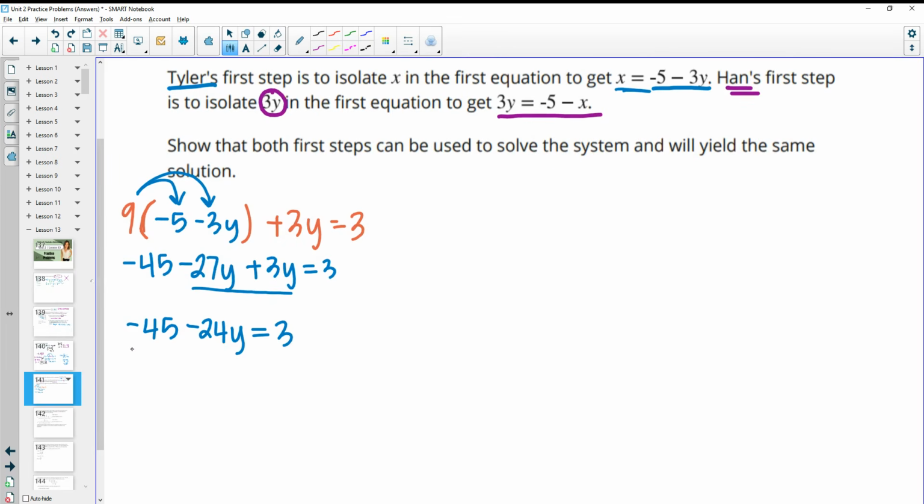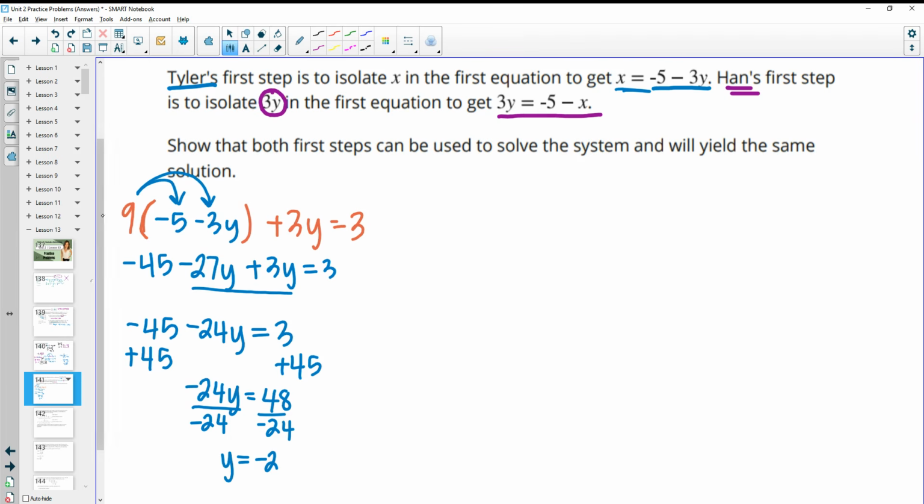Negative 45 and 3 are like terms, so I'll add 45 to get it to the other side. So we get negative 24y equals positive 48. We'll divide by negative 24, and we get that y equals negative 2.